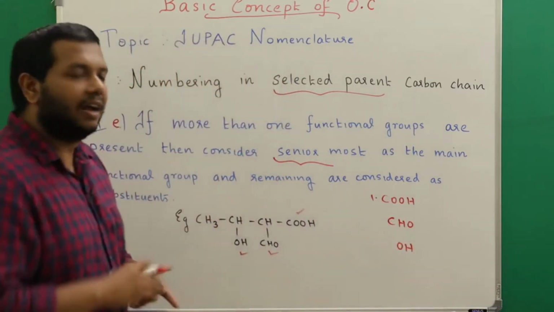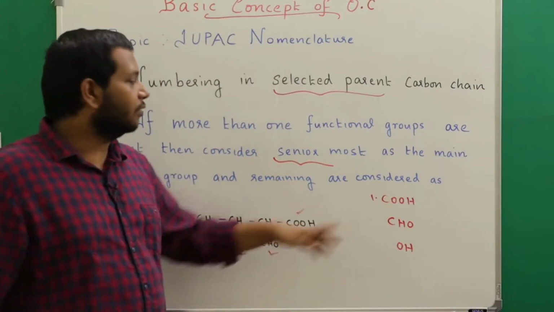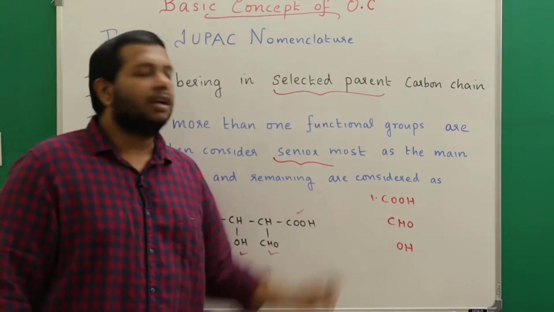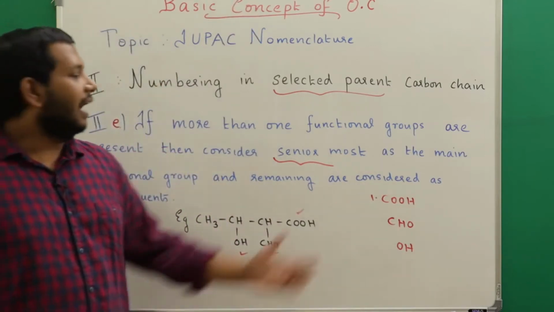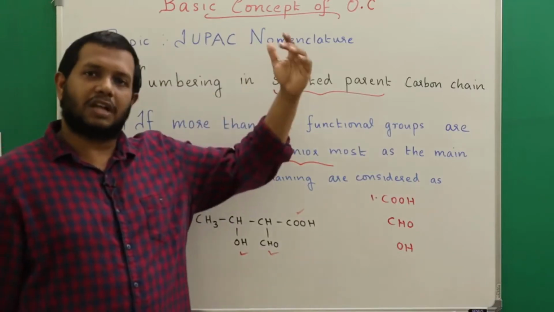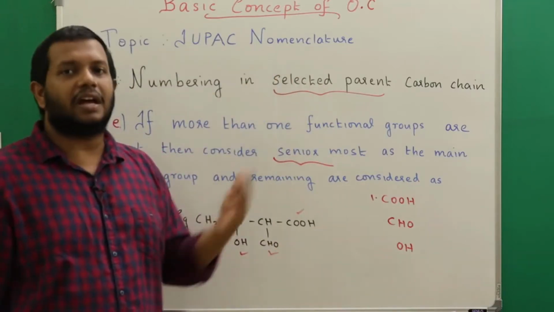The general way we remember is that a carbon-containing functional group always comes first in the priority table, then only non-carbon functional groups. I will give you that table. Based on that you can remember first COOH, there is an order, and based on that we need to decide.